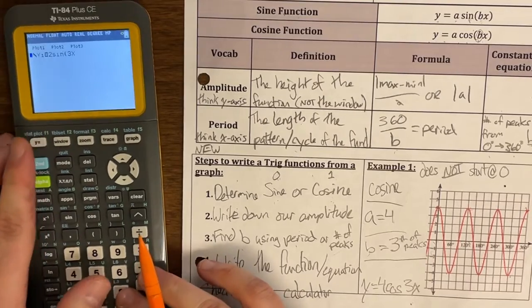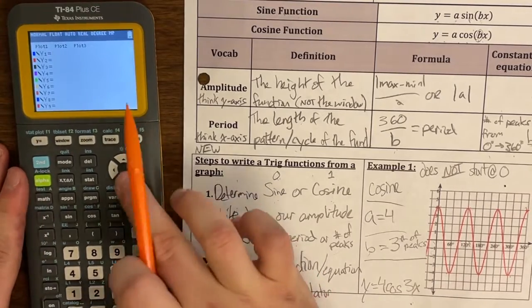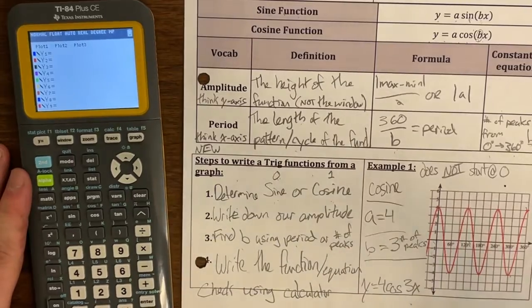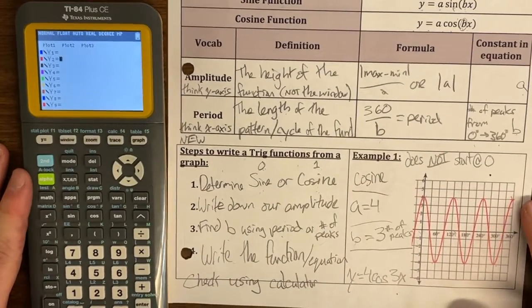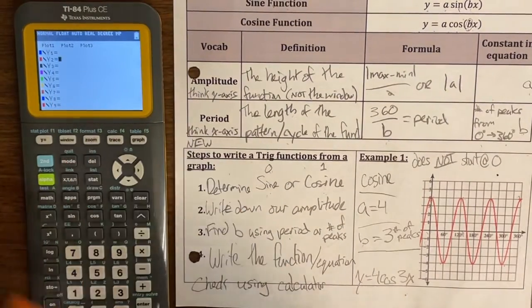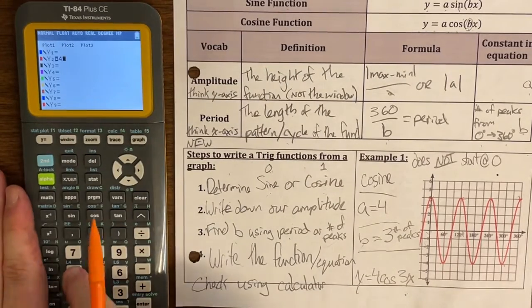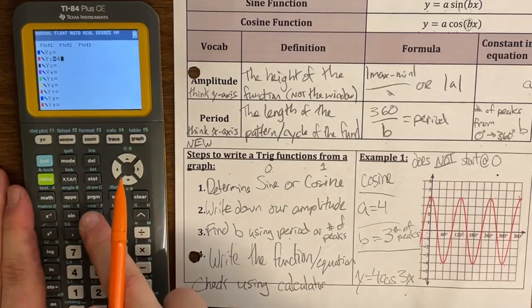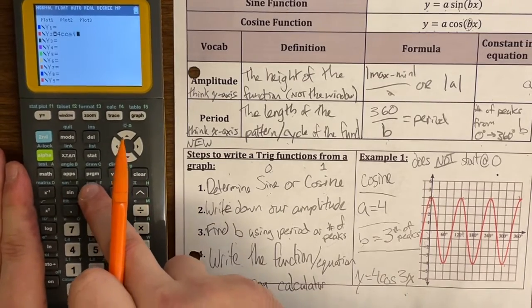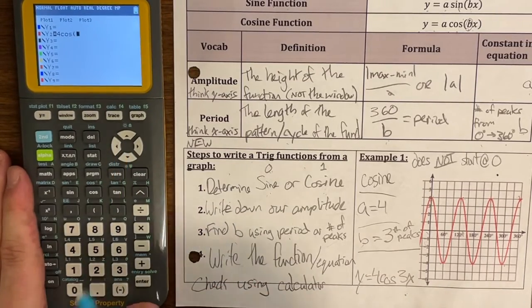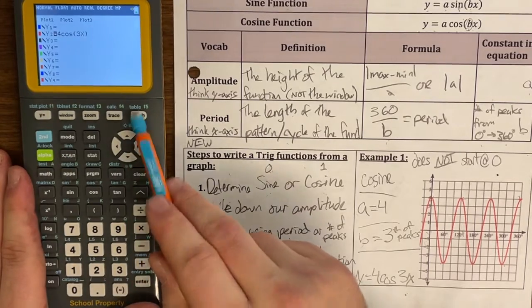If I want a red line like the picture has, that's totally fine. I can go down to y2 because that has red. Different colors, same idea. Let's type it in: 4 cosine of 3x. Hit graph.